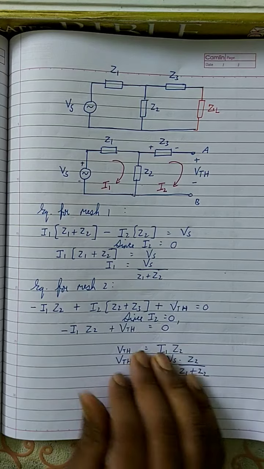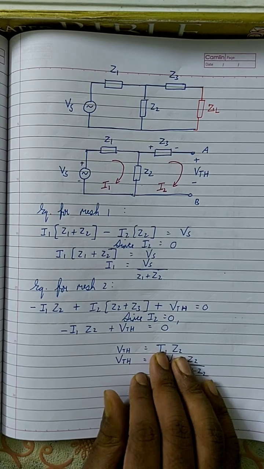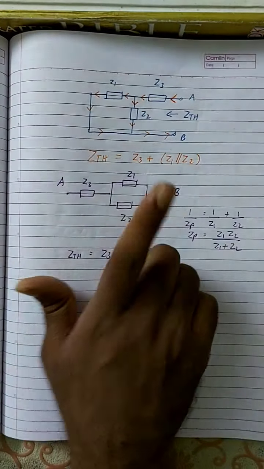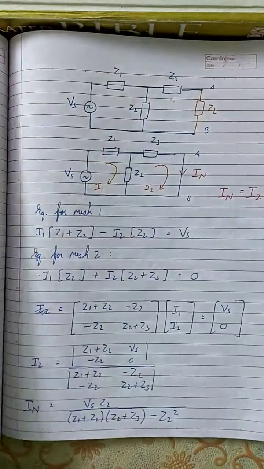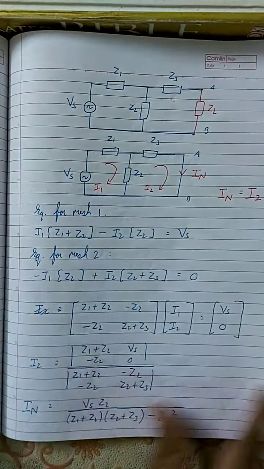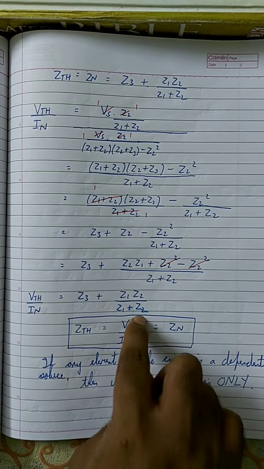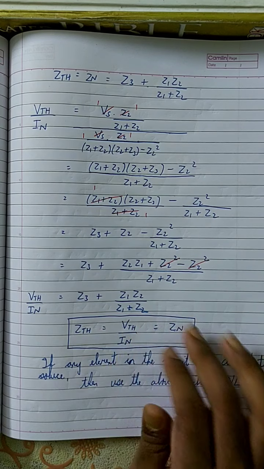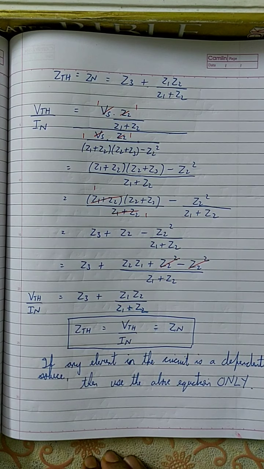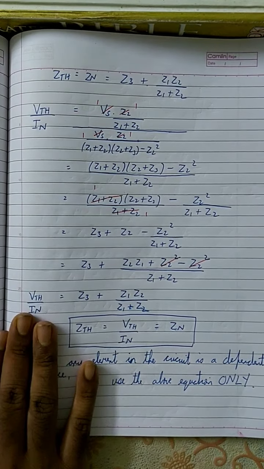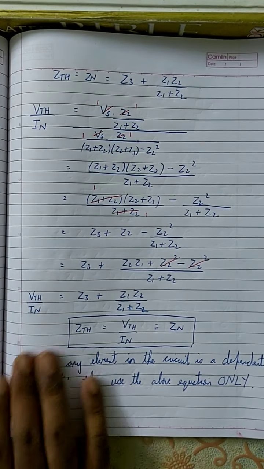That is why, in that case, you cannot apply this shortcut method. Then you have to apply this entire formula: find both VTH and IN and then find the ratio to get this impedance. So this is basically the theory regarding the Thevenin's and Norton's theorems.